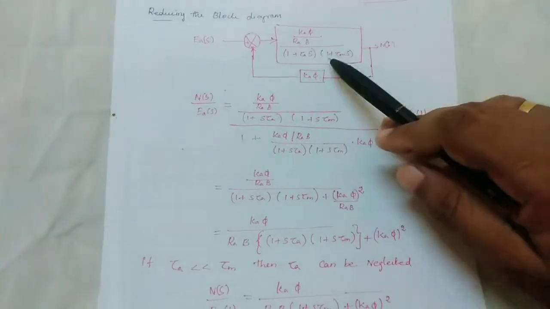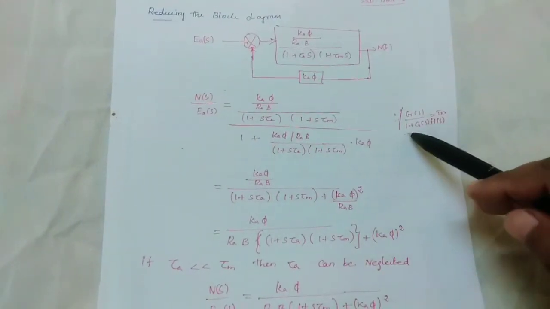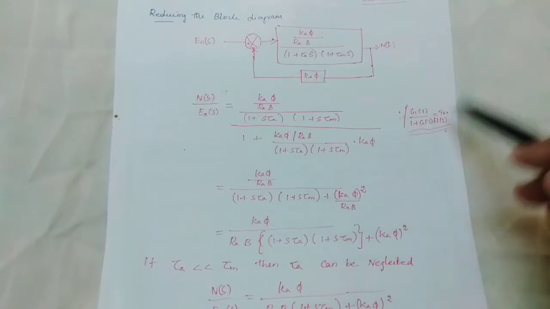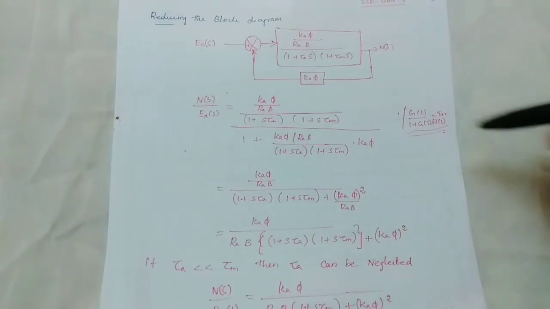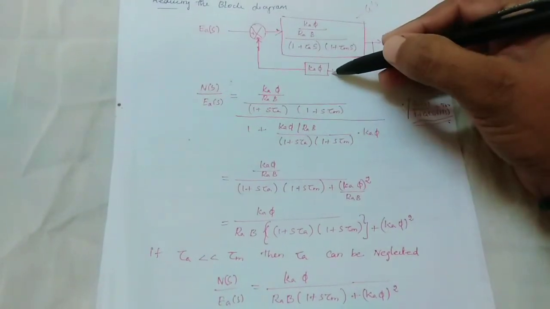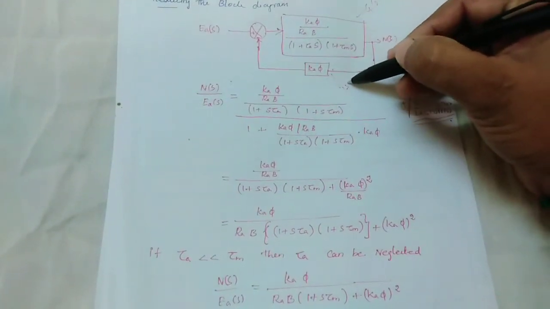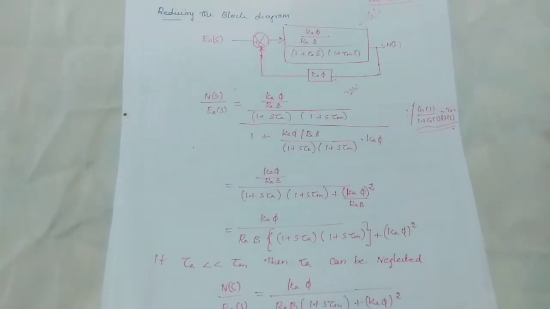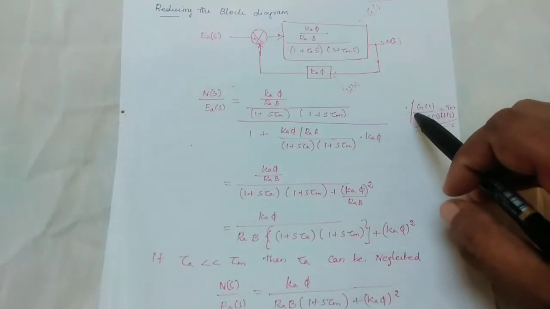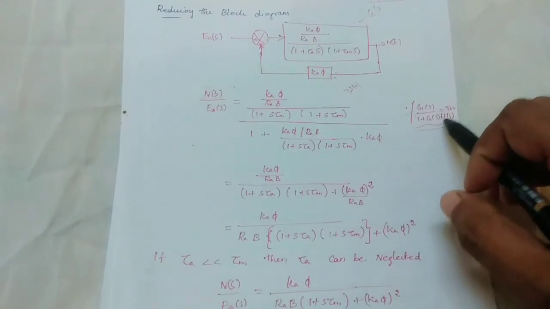What we know from the transfer function equation is G of s divided by 1 plus G of s into H of s. This term will be taken as G of s and this term will be taken as H of s. Normally we know the transfer function of a particular system is G of s divided by 1 plus G of s into H of s.